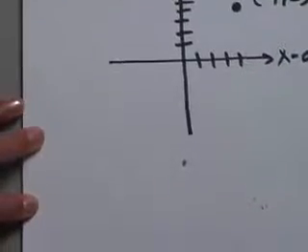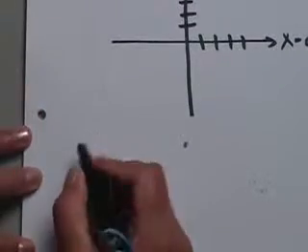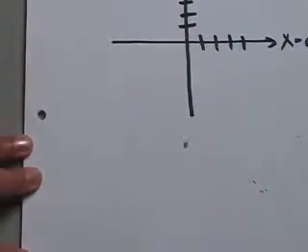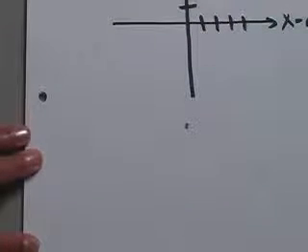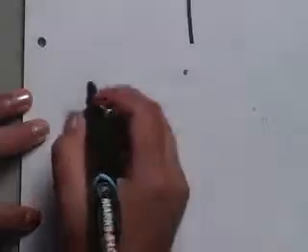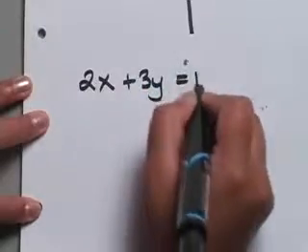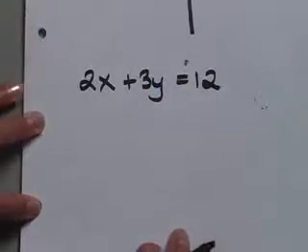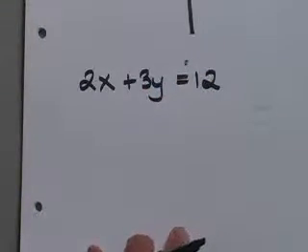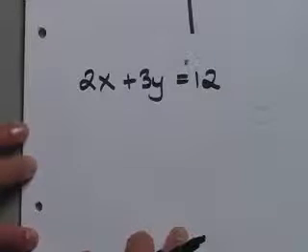Now what these points, these ordered pairs, represent really is a solution to an equation in two variables. So let's say we have this equation here, 2x plus 3y equals 12. Let's say we're trying to find the solution to this equation.